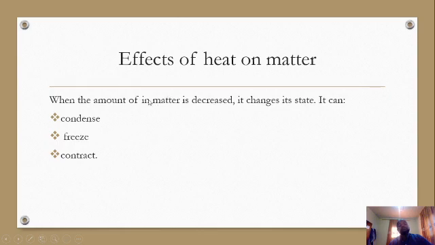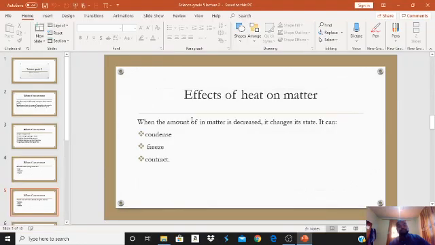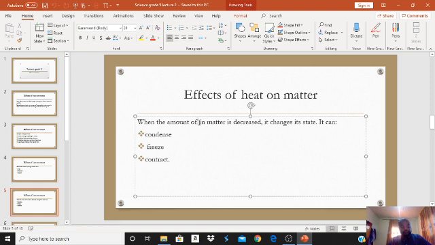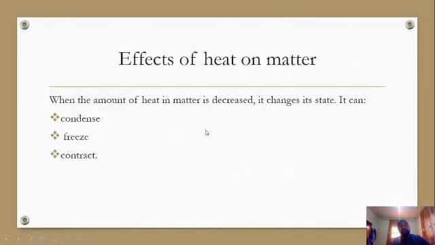When the amount of heat in matter is decreased, it changes its state.